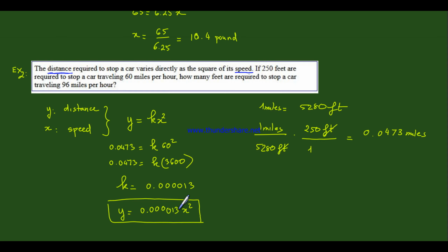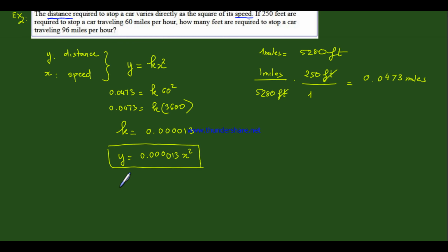Because at the beginning I thought we just needed to set up the direct variation equation, but it looks like we can solve for the distance, because the feet means you can solve for y, and they give you 96 miles per hour right here.